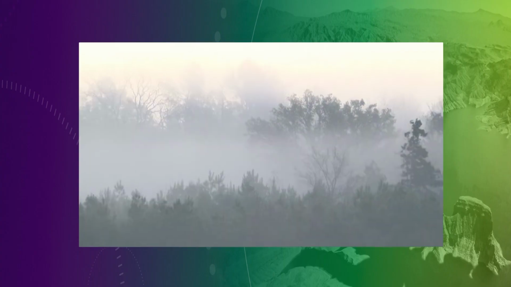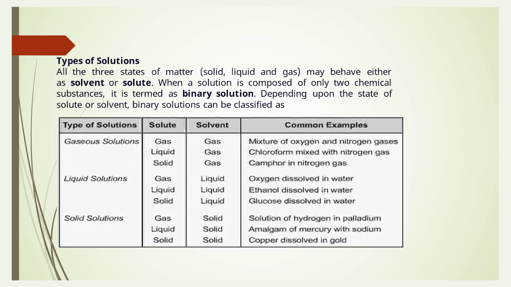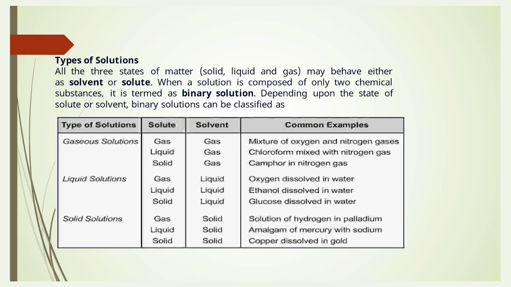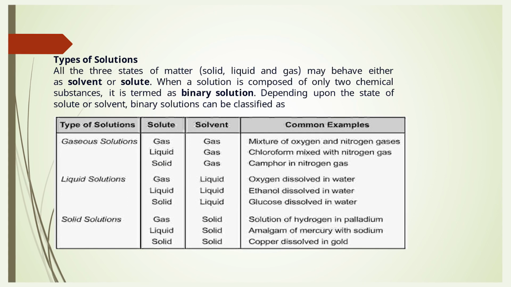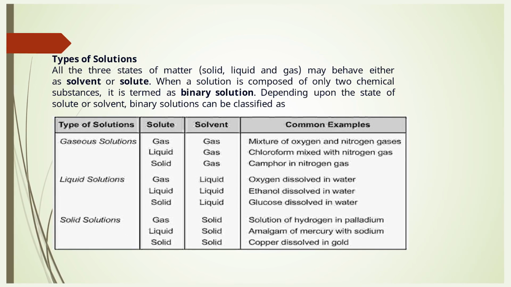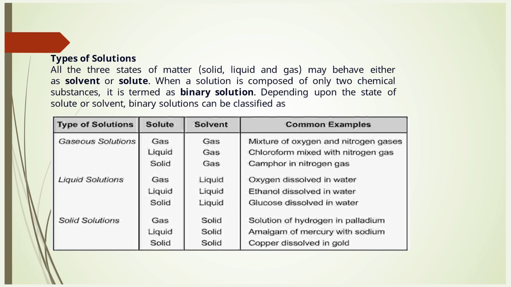Example, fog. Third, solid as solute in gas as solvent. Example, dust. Fourth, gas as solute in liquid as solvent. Example, carbonated drinks. Fifth, liquid as solute in liquid as solvent.